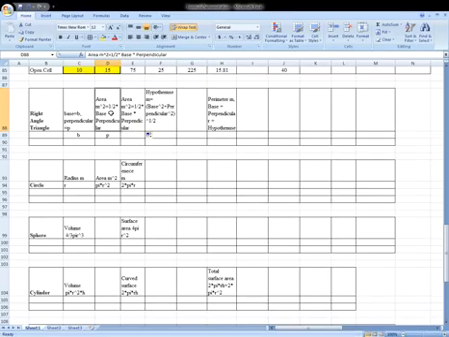This is base B and this is perpendicular P. Of course we will take these in meters, so base in meters and perpendicular in meters.